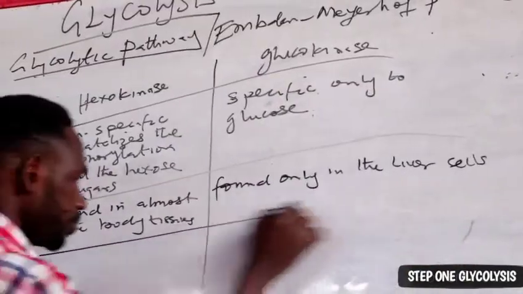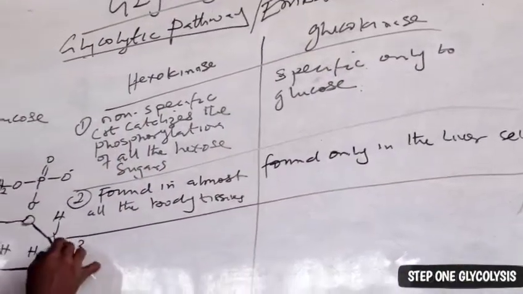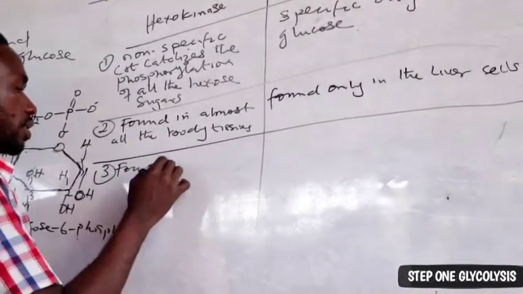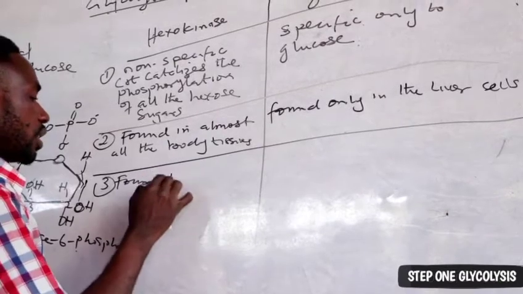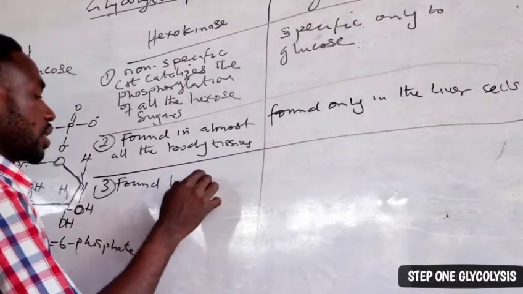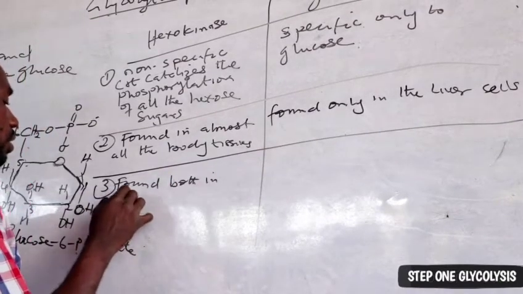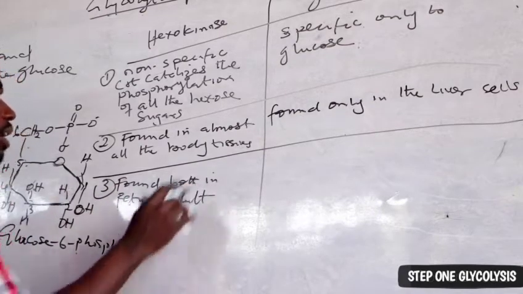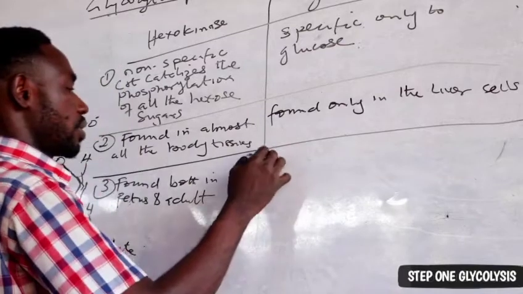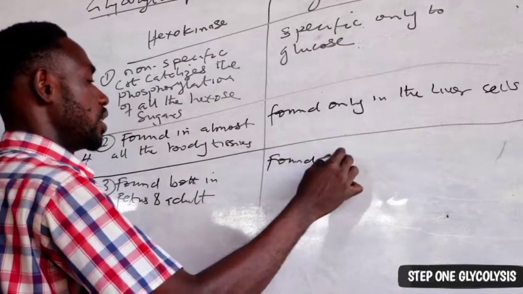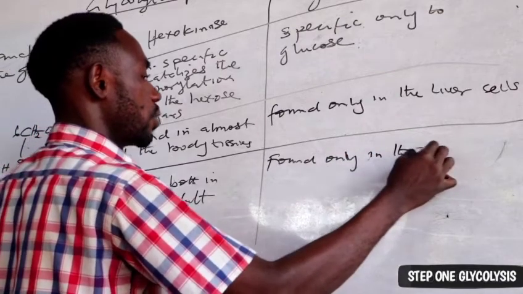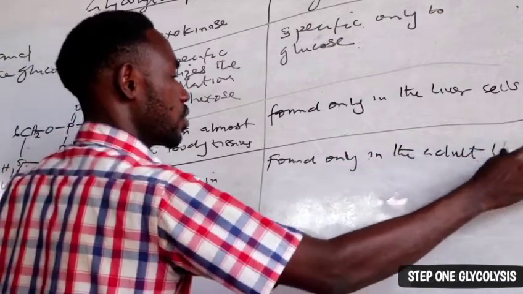Then, number 3, hexokinase is found both in the fetus and adults, while this is found only in the adult liver, only in the adult liver cells.